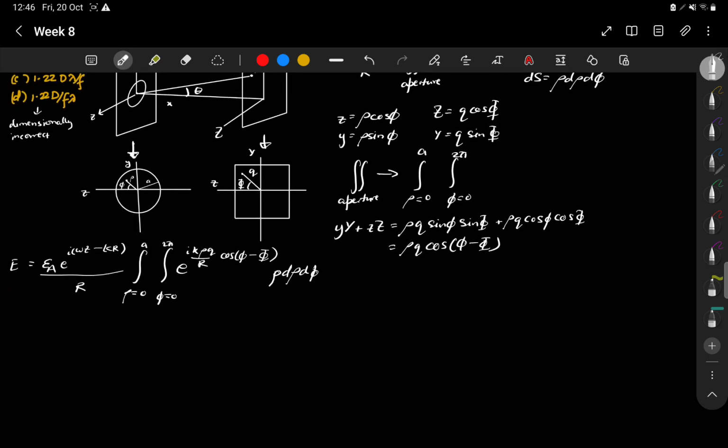Now we see that there is axial symmetry, meaning radial symmetry is there. Along the angle there is a symmetry.